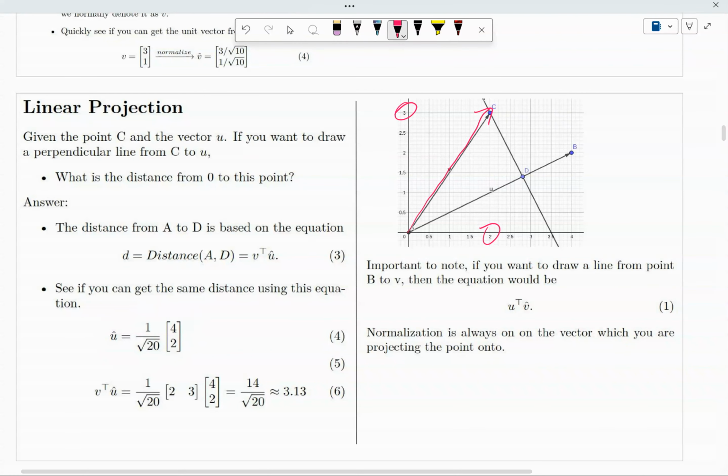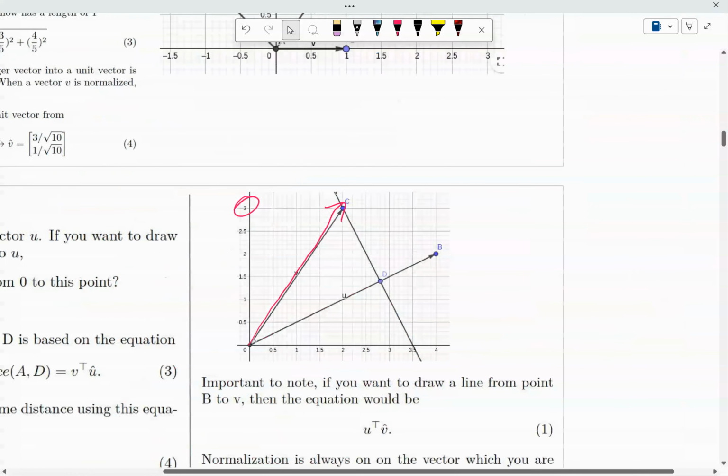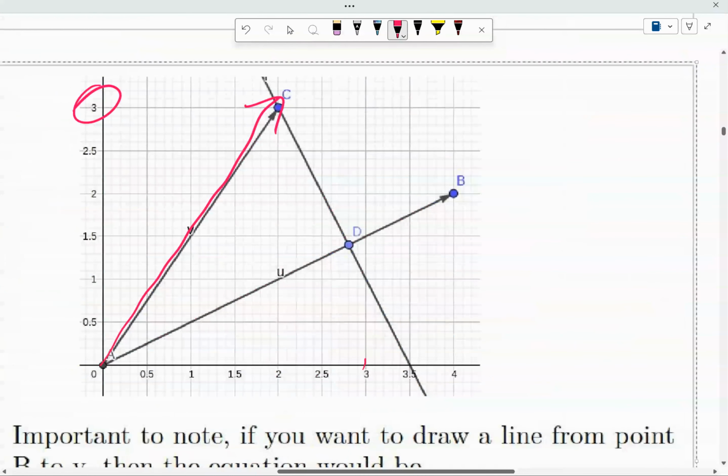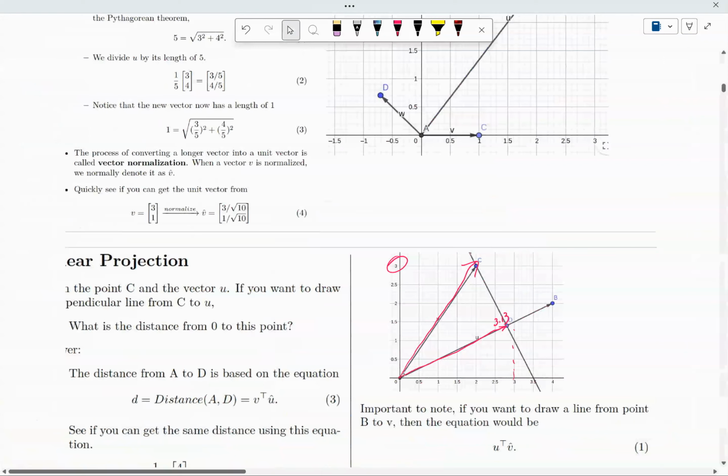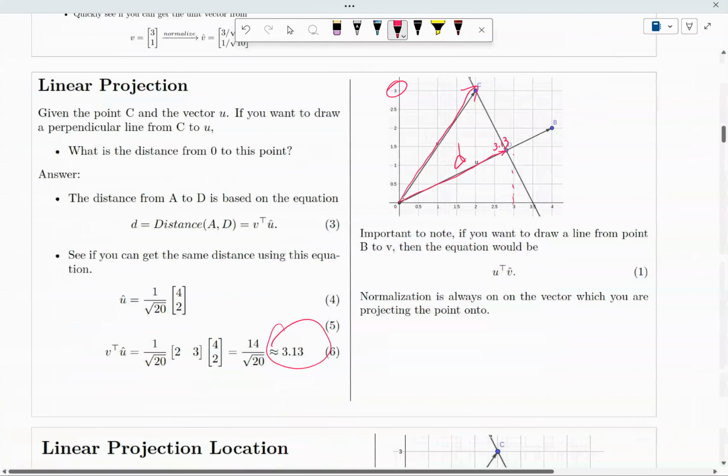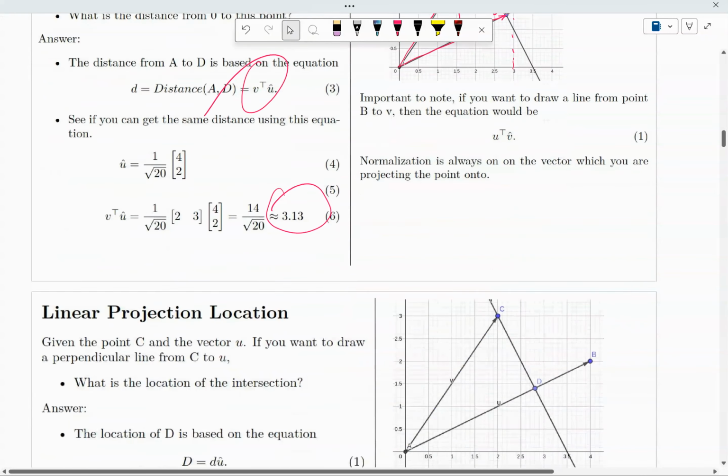So if we dot u hat and v together, then it'd be 2 and 3 times 4, 2, giving us roughly 3.13. And you can see that this makes a lot of sense when we zoom in. So if this is approximately 3, this being slightly longer than 3.13 makes a lot of sense. So this distance, like you see, can be calculated simply by taking the dot product of the two vectors.